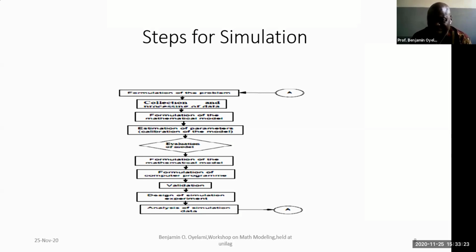So the parameters that go into the model, you need to estimate them. And usually you estimate them from data, or sometimes from boundary conditions and other such things, before you can begin to apply the model for simulation purposes.